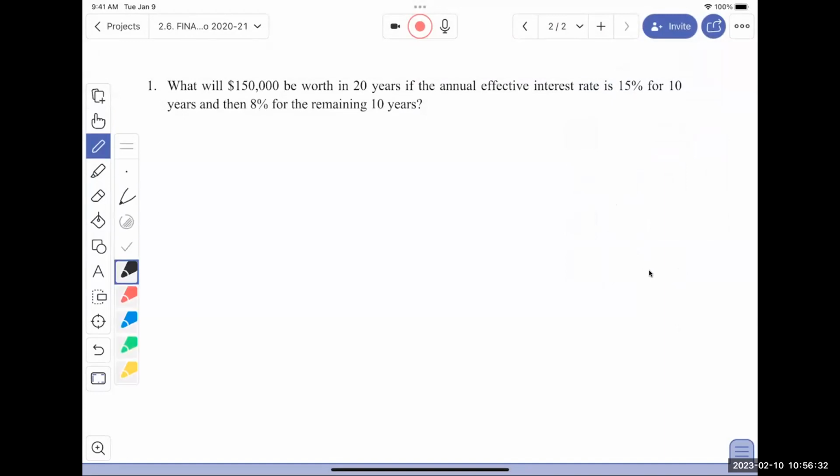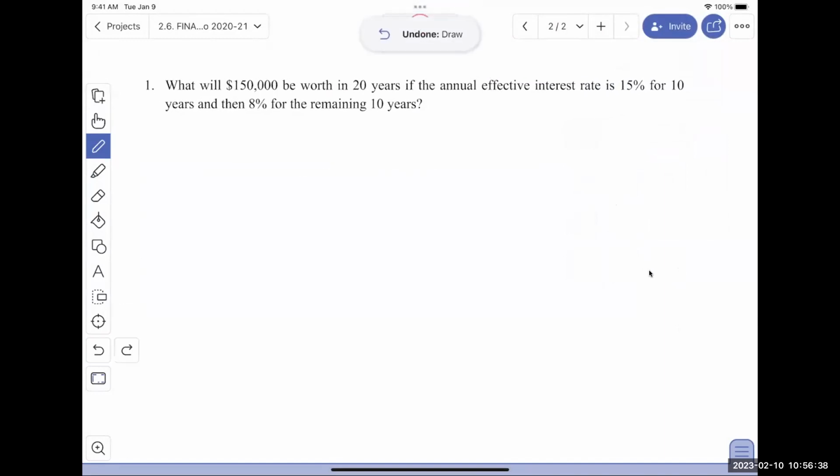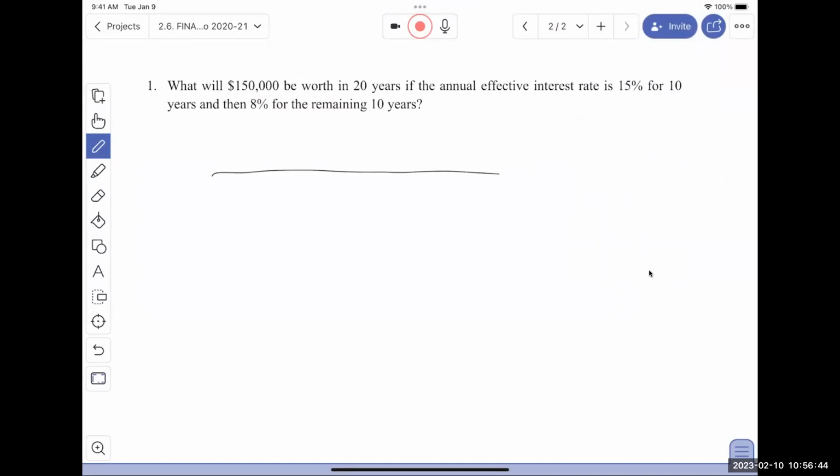Okay, so how do I do this problem? This is my timeline, and we're going to deposit 150,000. That's like your present value amount.